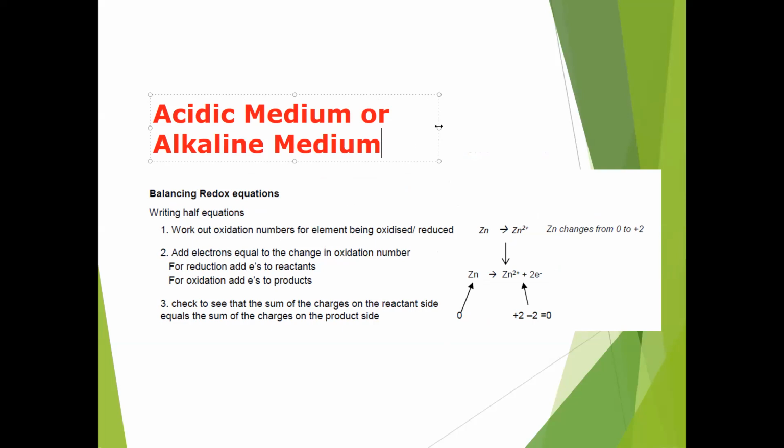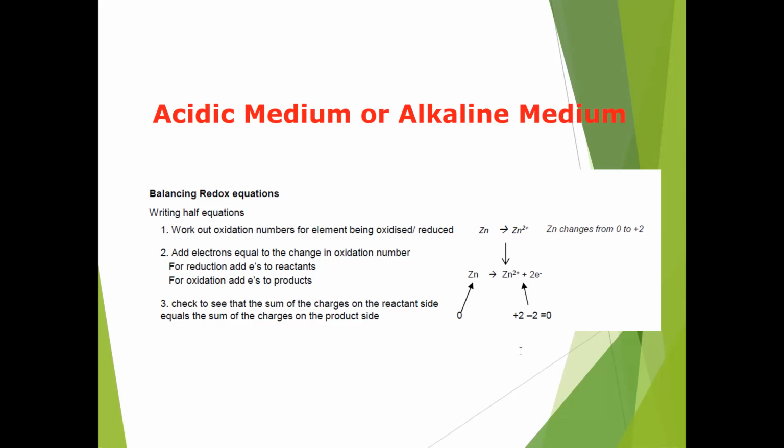So how to balance a redox equation? First we'll discuss acidic medium, because there are 4 steps to balance a redox equation in acidic medium and alkaline medium. The 4 steps are the same and only the last step is different. So later we'll see how alkaline medium has one extra step.